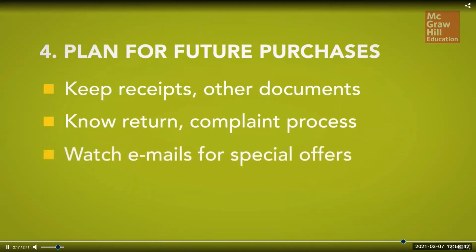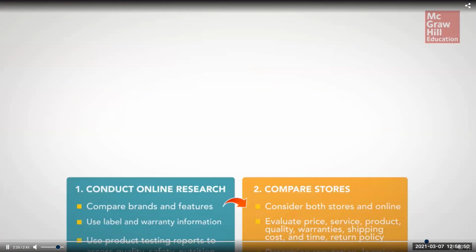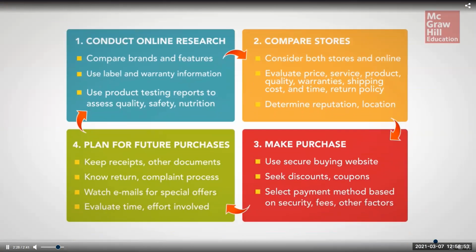Finally, watch for coupons and special offers that may make future purchases more affordable. Many online retailers offer these for repeat customers. The steps described in this video can help you make smarter, more informed purchasing decisions, especially for expensive purchases where a great deal of money is involved. Above all, use information and take the time required to make an informed decision.